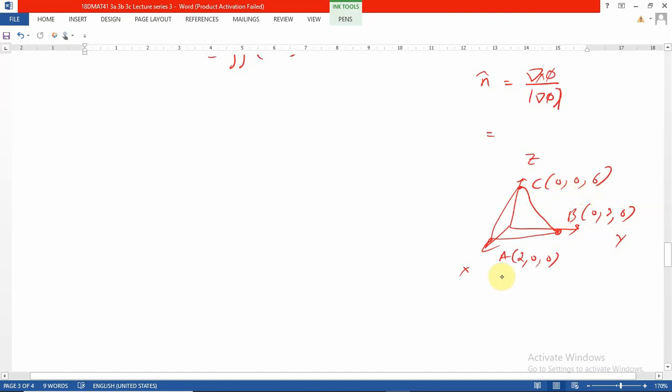So n cap you can take here, it is the area of triangle ABC. Yes friends, so it is the area ABC.